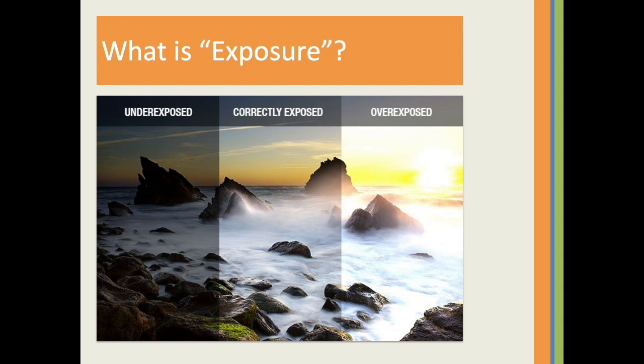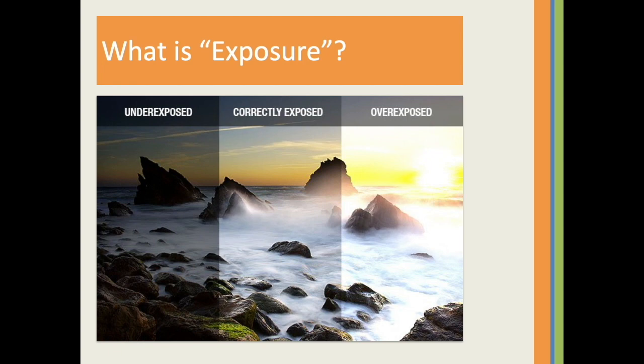So the middle image is the correctly exposed one, where we have a very pleasing light to the eye and we have the definition in the shadows and our highlights are good. On the left-hand side, we have an underexposed image. It starts to be too dark and we are losing details in the shadows. And when you try to retrieve the shadows in your editing software, they might tend to be muddy.